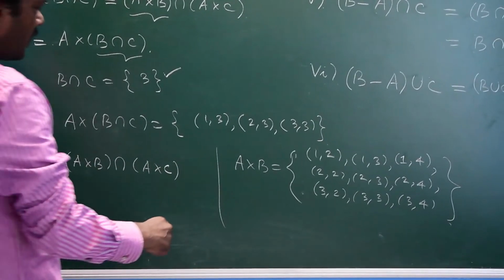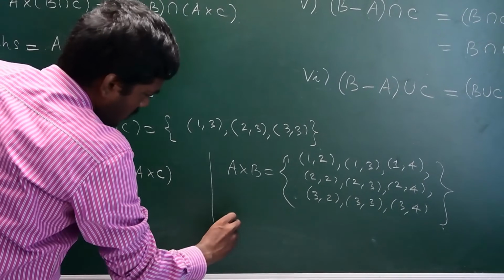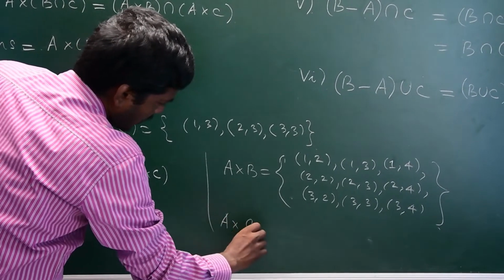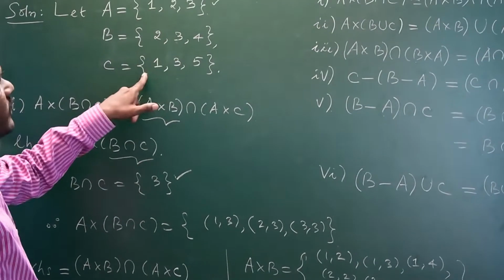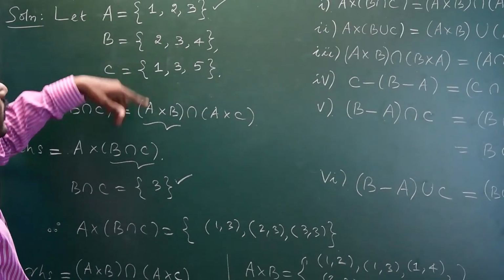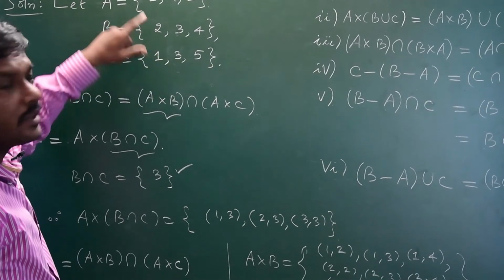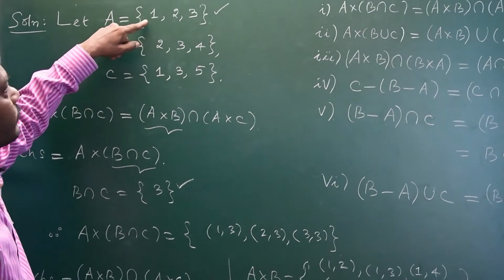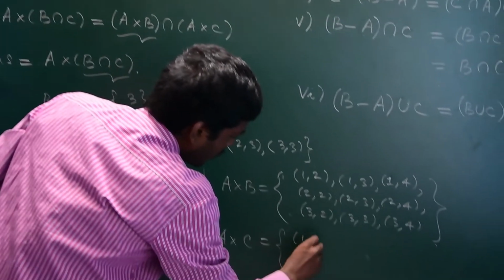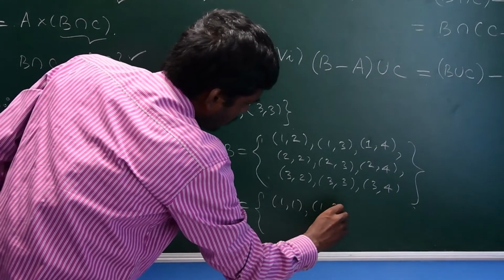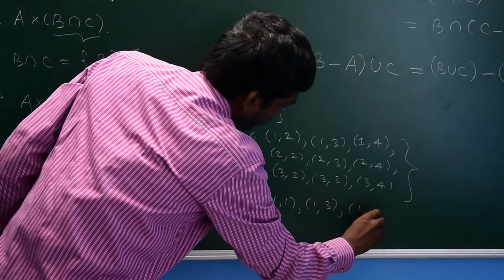In a similar manner we have to find A × C also, which also has 9 elements, because A has 3 elements and C has 3 elements. We have to write the ordered pairs in that order. So (1, 1), (1, 3), (1, 5).